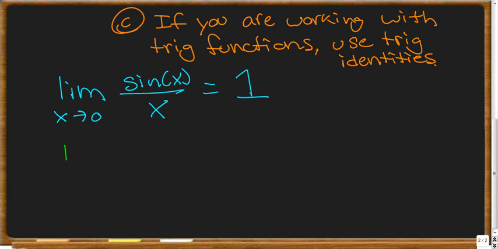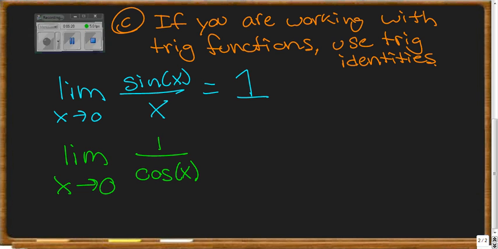Then we have our second one, which is the limit as x approaches 0 of 1 over the cosine of x. Now, for this one, this answer is going to be 1 as well.